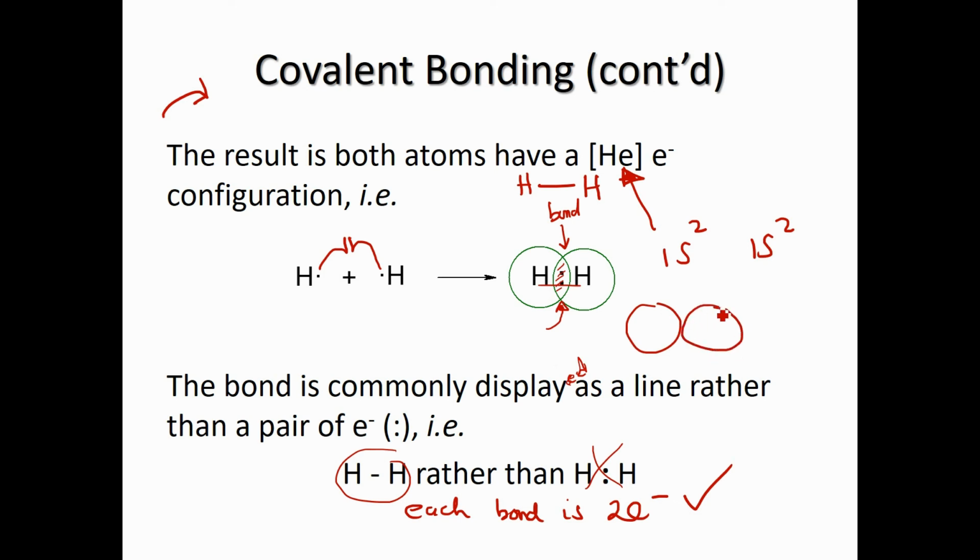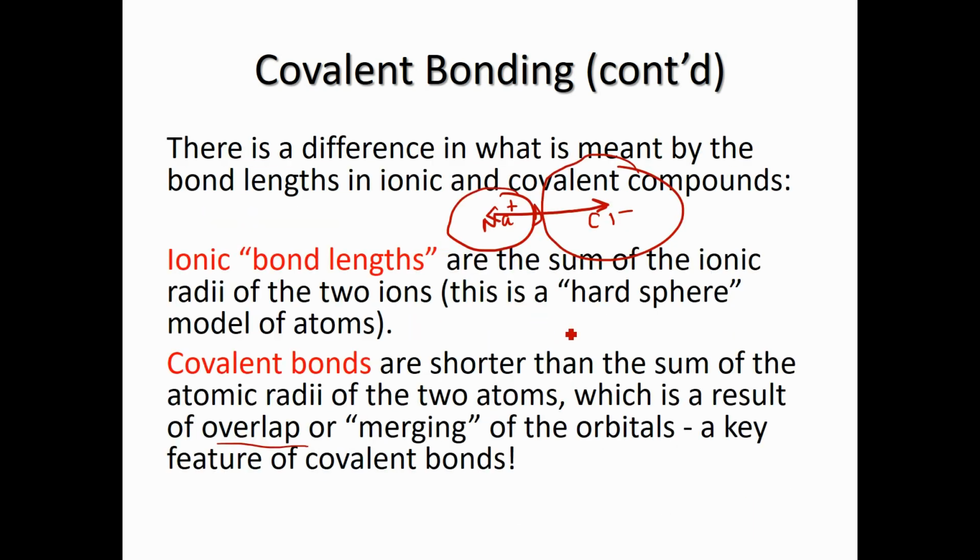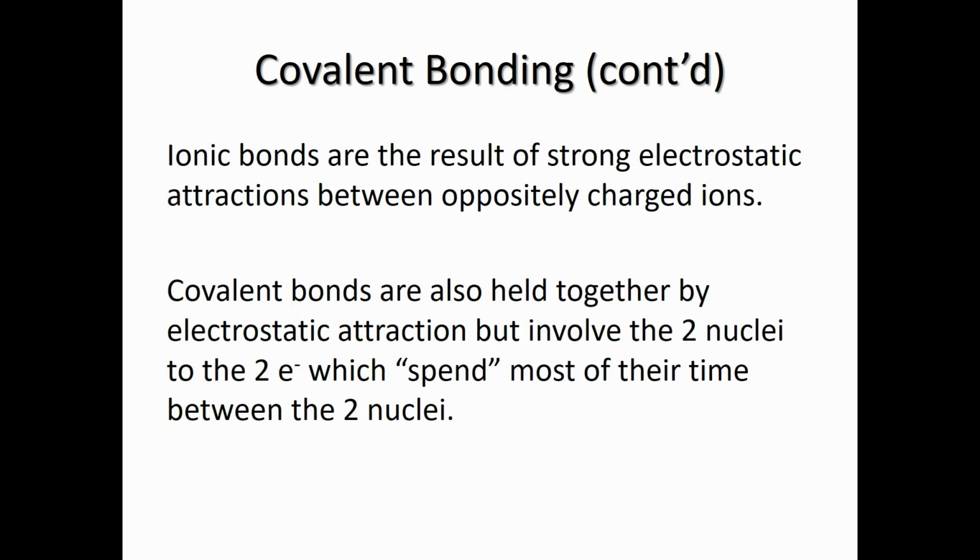You know, in ionic bonding there's no overlapping of shells or orbitals. One will go from here to here, from ion 1 to ion 2, but in covalent bonding there's overlap, so the distance is reduced. So we simply don't do that, because that will make the covalent bonds shorter than the sum of the atomic radii, and that's a key feature in covalent bonds.